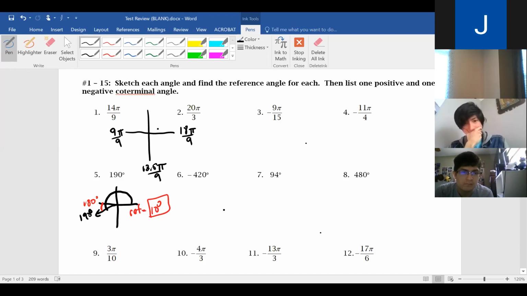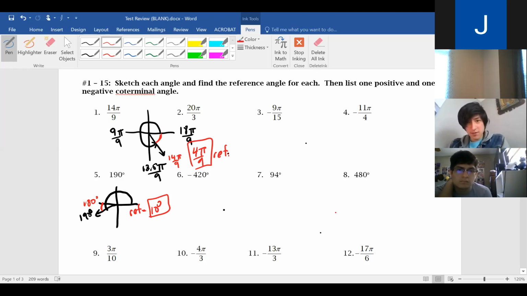So 14 pi over 9 is somewhere in this quadrant, giving you what is left over to get back to that x-axis. That's your reference angle there. If this is 14 pi over 9, how much more to get to 18 pi over 9? 4 pi over 9 for your reference angle. Does that make sense?